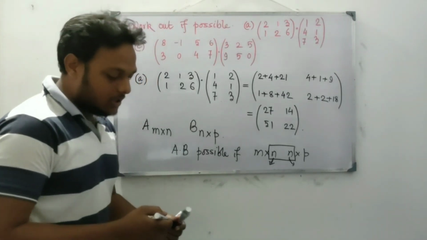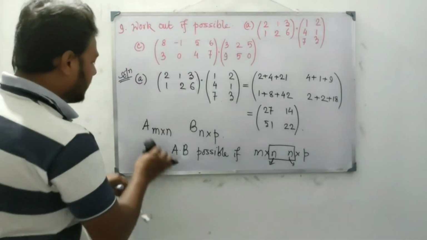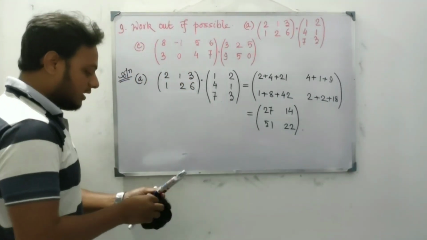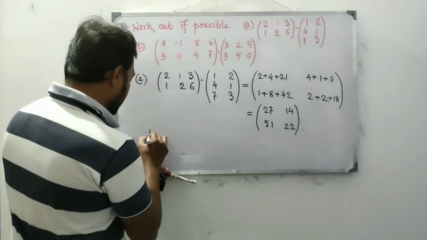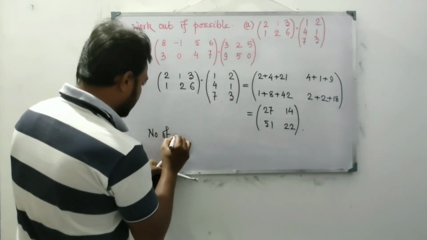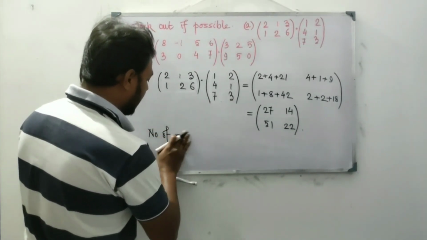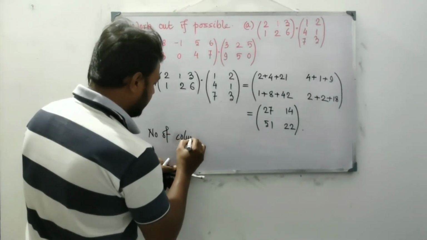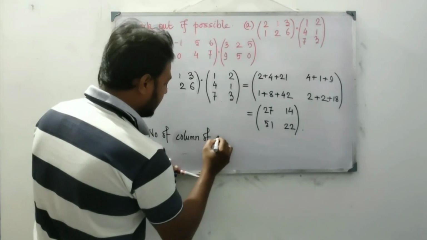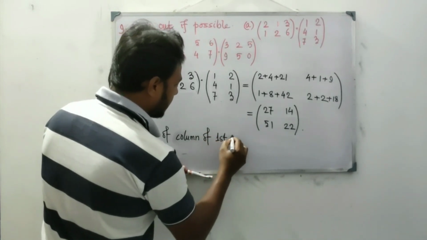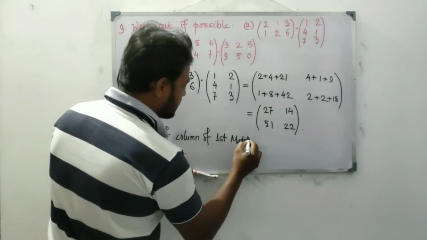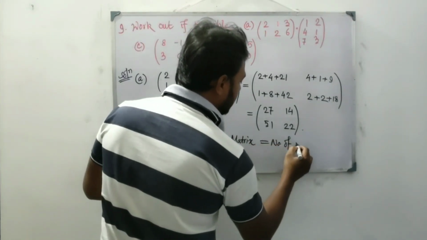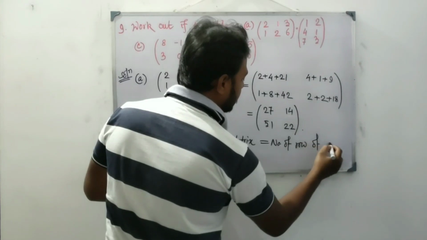So what was the condition? Matrix multiplication is possible if the number of columns of the first matrix equals the number of rows of the second matrix.